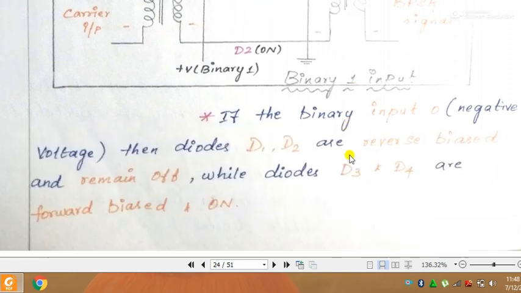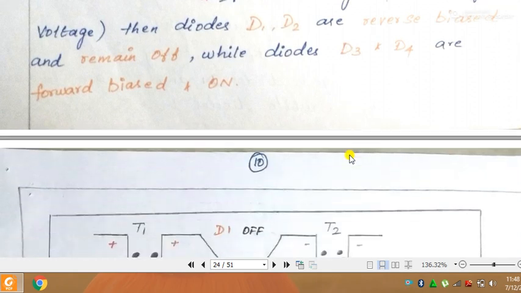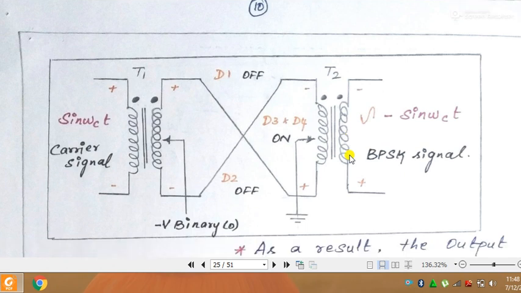Next, if the binary input is negative, see the next diagram. If the binary input is 0, the diodes D1 and D2 are reverse biased, so they will be off, while D3 and D4 are forward biased.